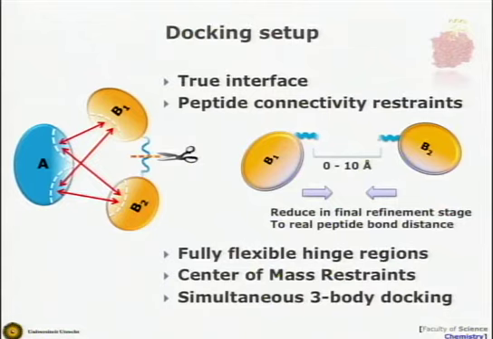We want compact solutions, so we impose center of mass restraints so that the solutions are compact and you don't get a chain basically. And we do our simultaneous multi-body docking using the capabilities of HADDOCK. Of course, there are small tricks that you have to worry about. For example, by default, when you use HADDOCK, the termini of your molecule will be charged.